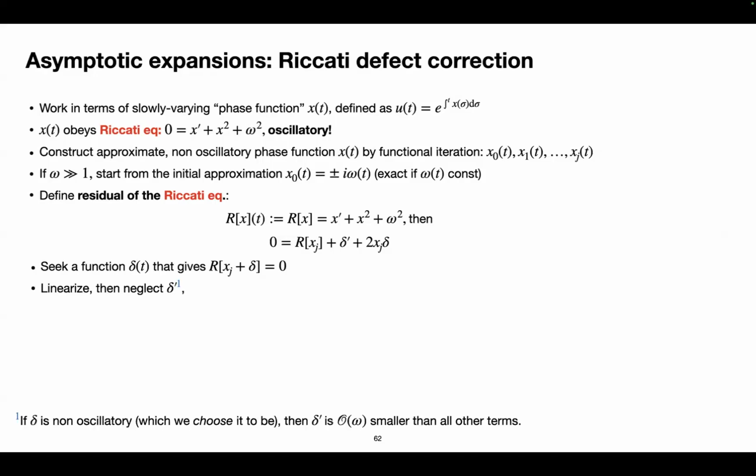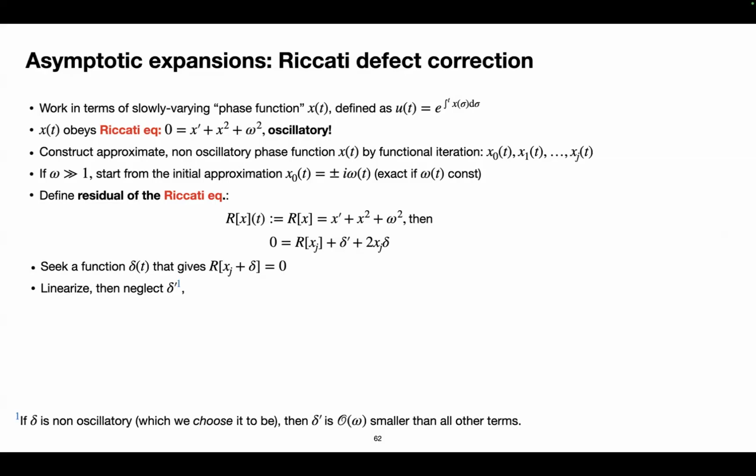And the reason why I can neglect that is because I'm also going to assume that the correction term I'm adding is non-oscillatory. If you take an oscillatory function, say cosine of omega t, and you differentiate it with respect to t, then you get an omega term in front of it. If omega is large, then that means that upon each differentiation, the terms just grow. When something is non-oscillatory, that doesn't happen.